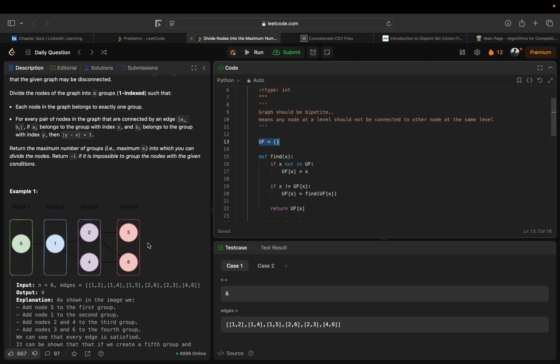Let's say there are 2 graphs, 1, 2, 3, 4 and 5, 6, 7, and we represent one graph using node 1 and the other using node 6. So union find of every node in the first graph is 1, and union find of the nodes in the second is 6. This is the representation of nodes inside a disjoint set.